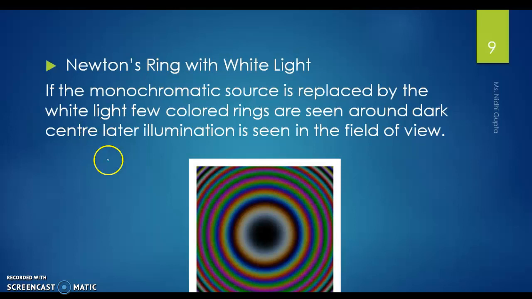Around that dark center a few colored rings will be seen, and after that, due to overlapping, only white light illumination is observed. So this is the pattern of Newton's rings if we use a white light source. White light consists of 7 colors, and we observe these colored rings in the Newton's ring pattern. Thank you.